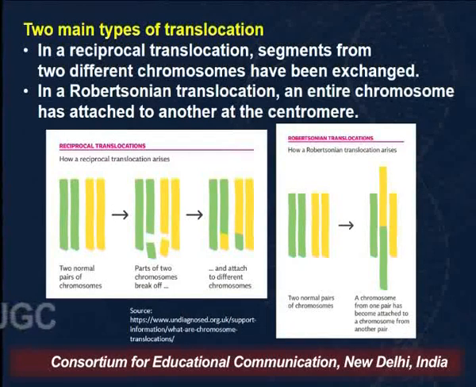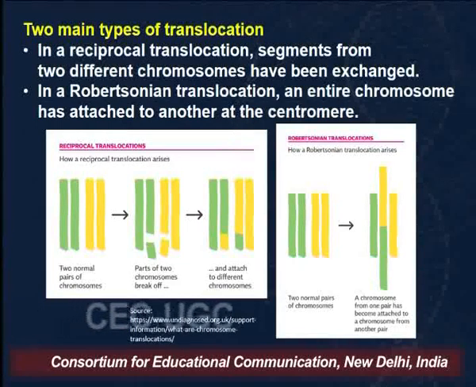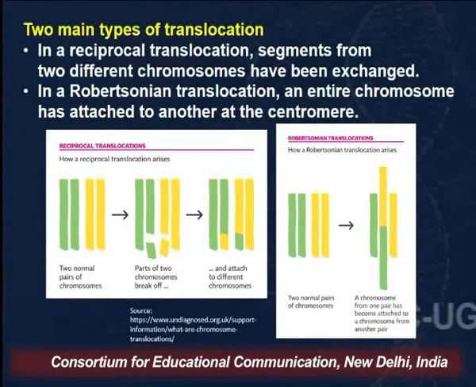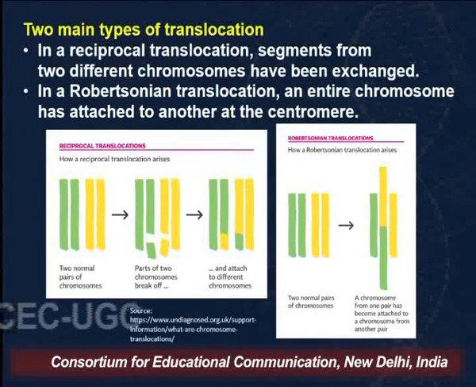We can see over here the two chromosomes have exchanged their segments. While in the Robertsonian translocation, an entire chromosome detaches from one centromere and attaches elsewhere. So instead of two pairs of chromosomes, there are three chromosomes, and one of the chromosomes gets missing.